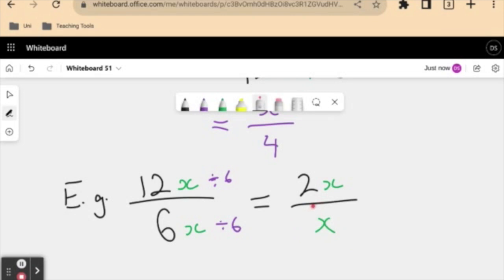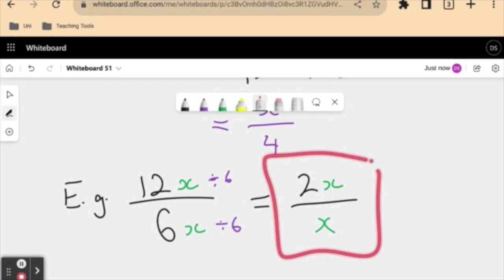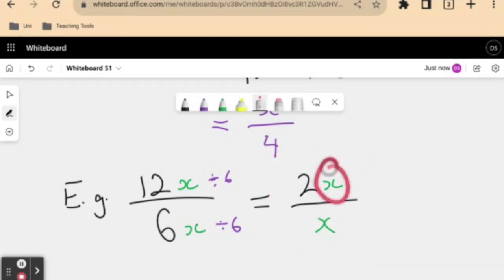If this was any other pronumeral other than x, and by pronumeral I just mean any letter representing some number, then this is as far as we can get. But we have a common factor of x on top and bottom. It doesn't matter that we know it or not. We just know it's the same number. So we can divide the numerator here by x, and we can divide the denominator by x.